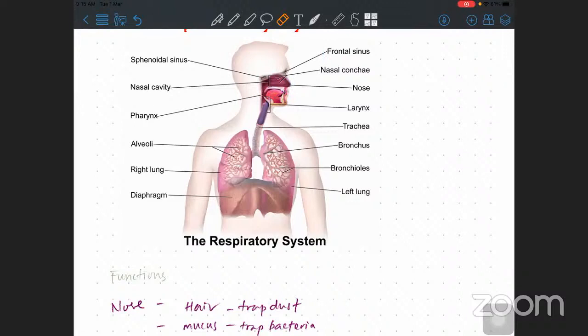So the very first thing we need to know is the parts of the respiratory system. We may start from the nose, number 1, and the pharynx, number 2, number 3 the trachea. Trachea is called the windpipe. Can you see this is a ring, R-I-N-G, ring. Then we go to the bronchus.